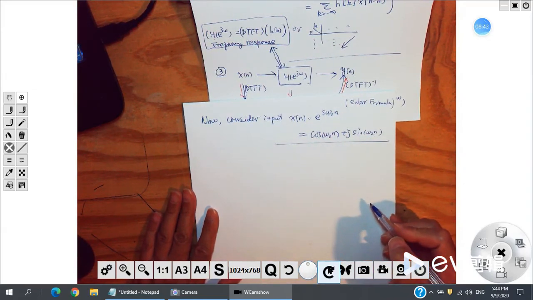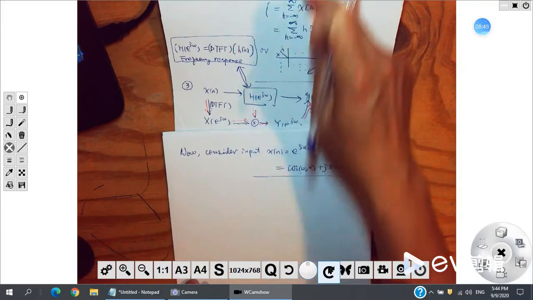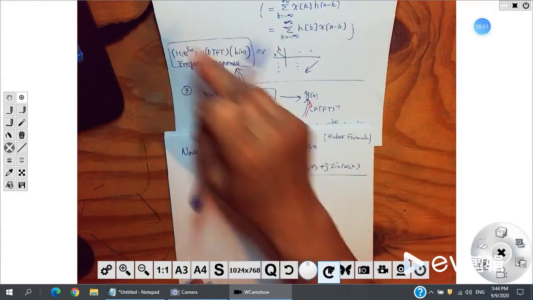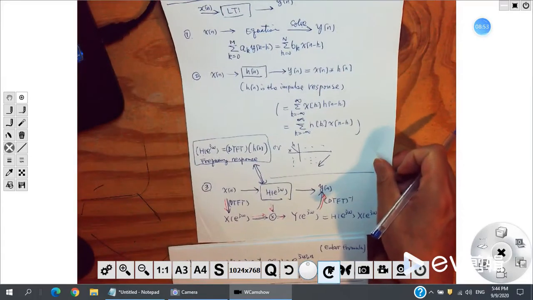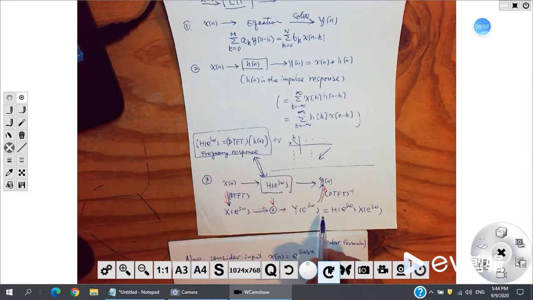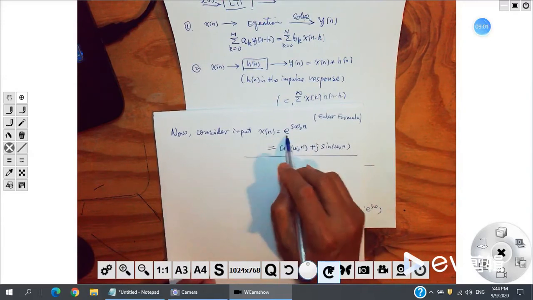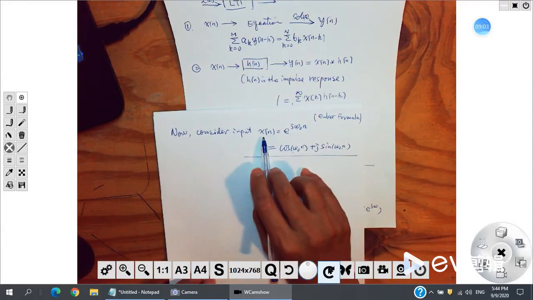Then what will be the output? We can use any of the methods, so we can use the second one. The convolution way will be the easy one. You can also use the Fourier transform, but if you check the Fourier transform table, you will find that in the frequency domain, e to the j omega 0 n turns into a summation of infinite terms.